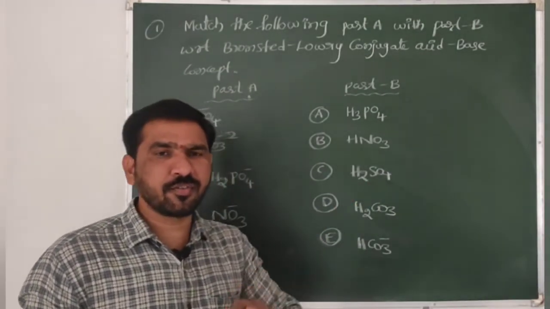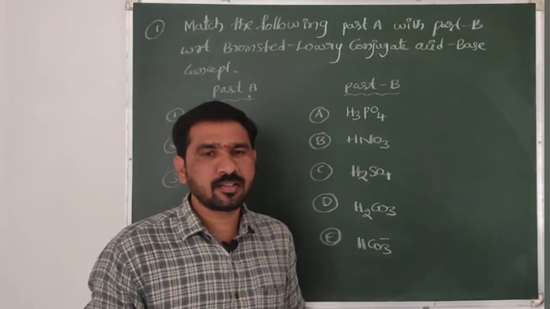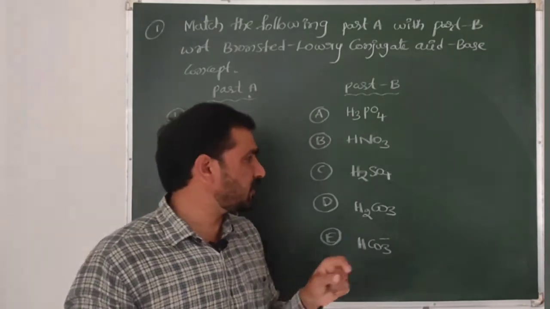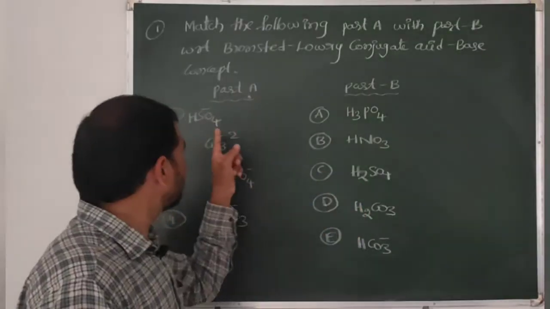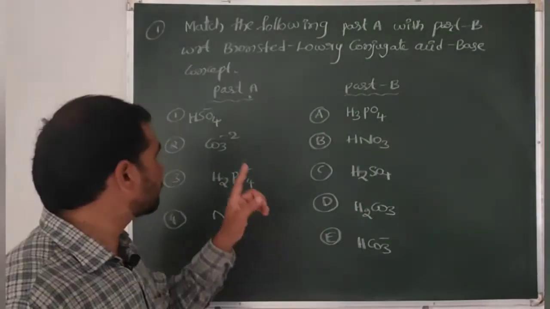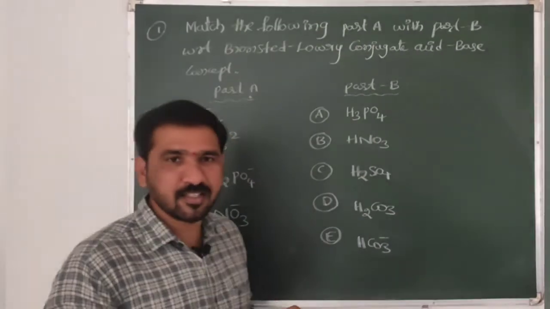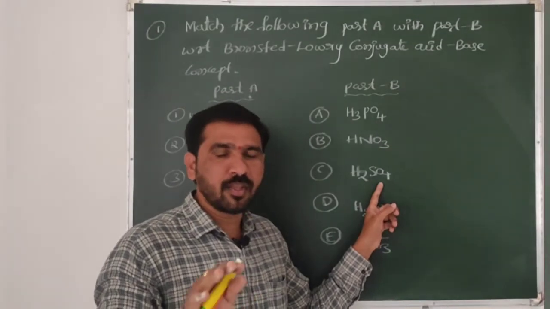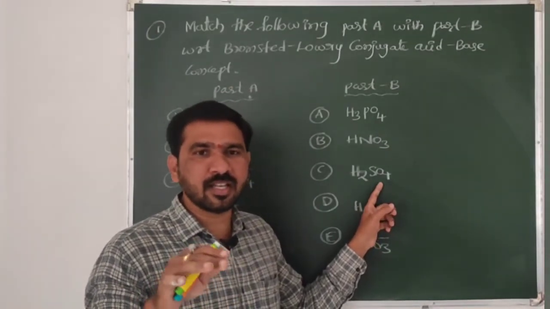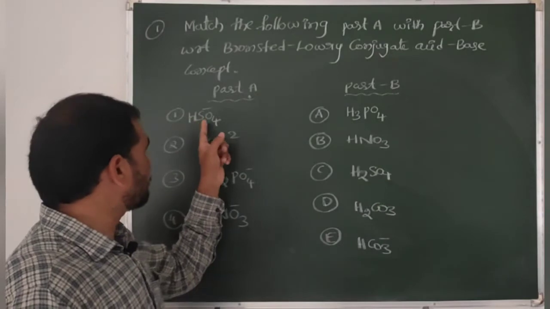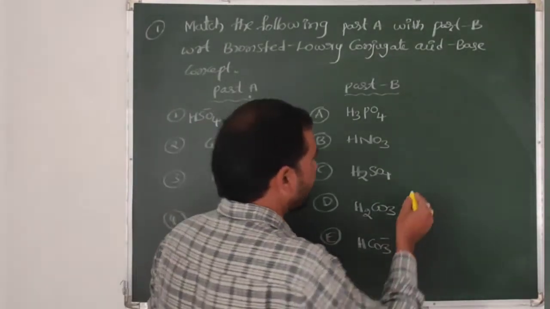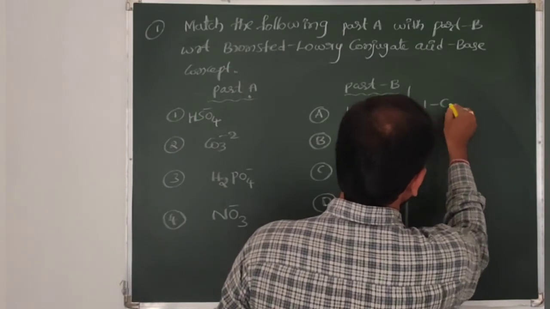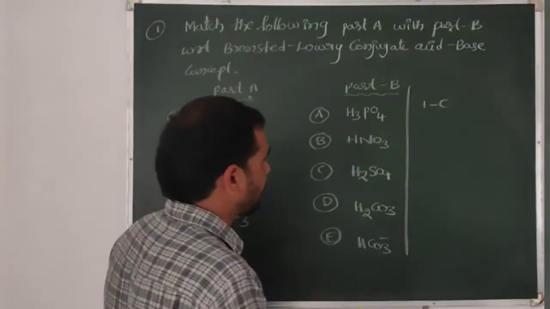When H2SO4 donates the proton, what does it act as, beta? Acid. That's why this is the proton donor, this is the proton acceptor. That's why HSO4 minus is the conjugate base of H2SO4, or H2SO4 is the conjugate acid of HSO4 minus. Is it clear, beta? Therefore the answer is 1C, right?